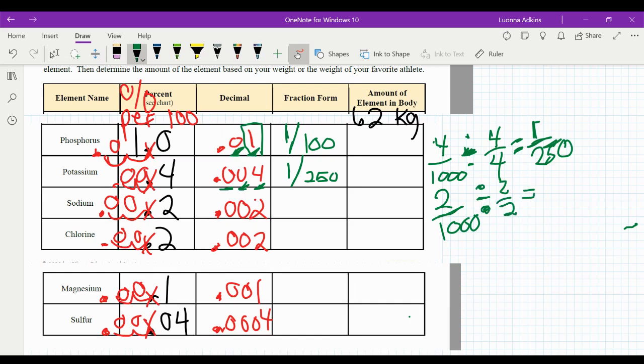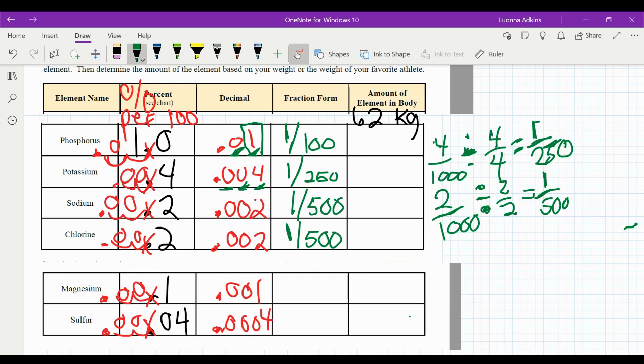And when we do that, we get 1 out of 500, 1/500ths. Chlorine is the same decimal, 0.002 or 2 thousandths. So we can just go ahead and record 1/500 for that as well.